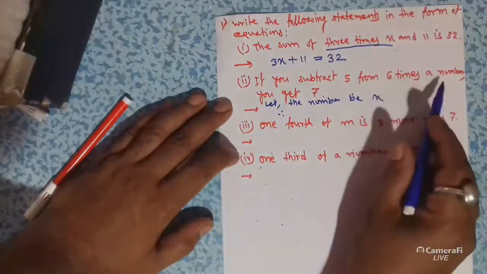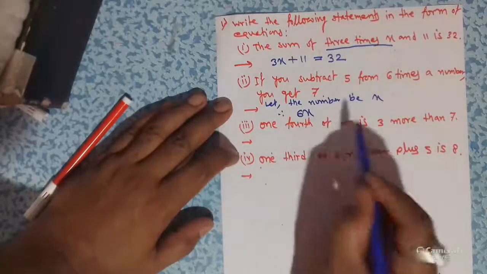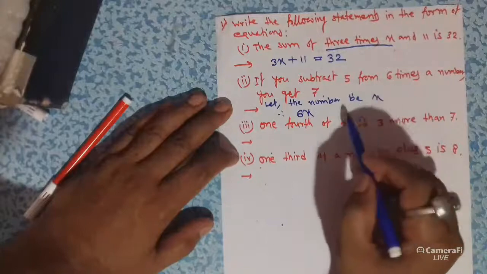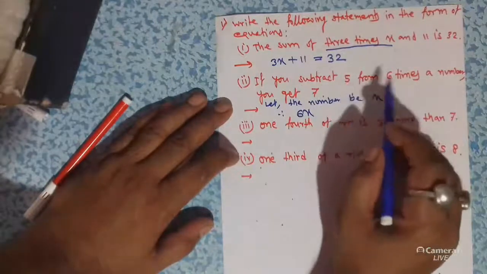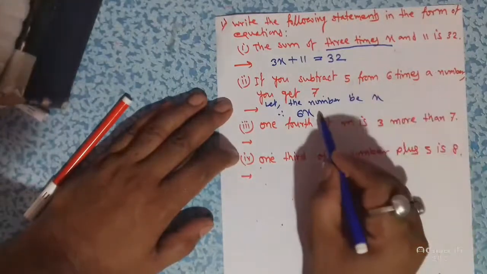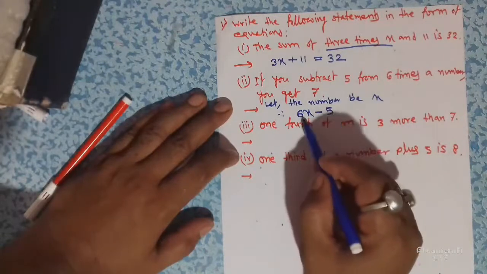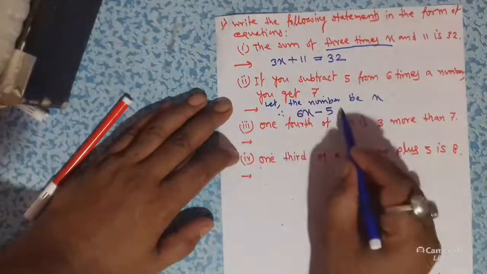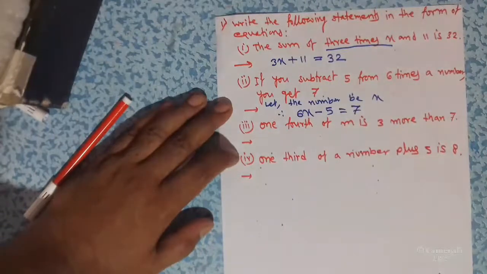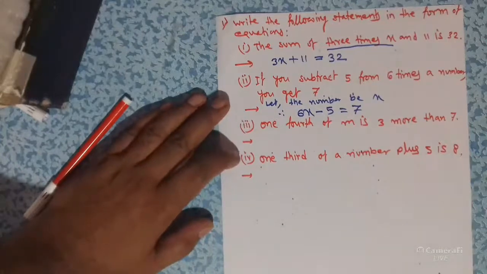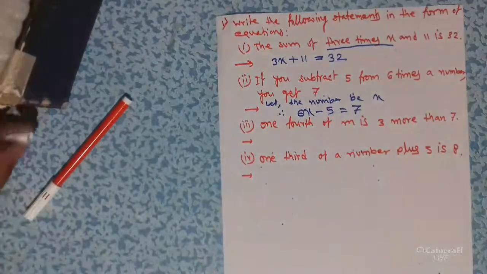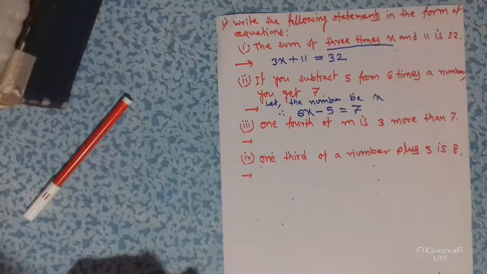Therefore 6 times a number means 6x. Subtract 5 from 6 times a number, so you have to subtract 5 from 6x and you get 7. That means is equal to 7. So 6x minus 5 is equal to 7. Now solve the third one.